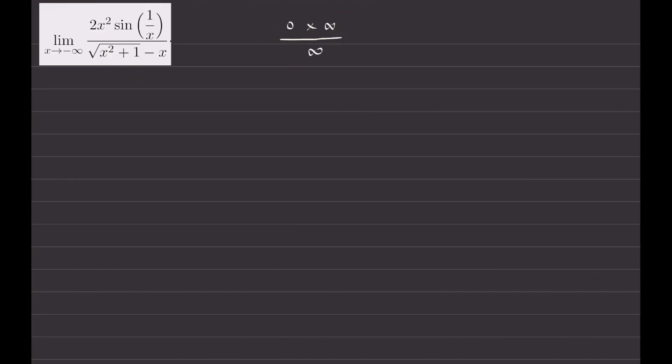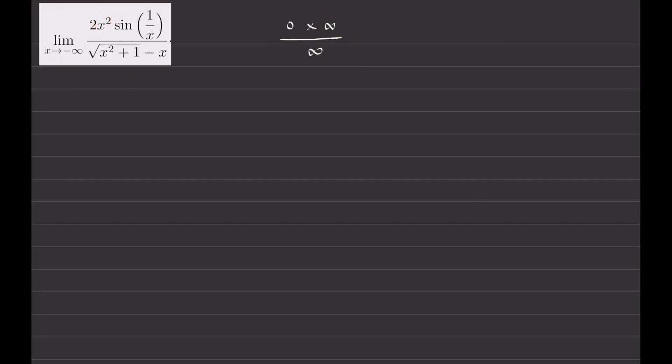So if infinity was a real number, then of course this infinity and that infinity would cancel. But you know that there is a little bit of difference between this infinity and that infinity when it comes to strength. Why is that? This infinity comes from the fact that I raised x to power 2, minus infinity to power 2.